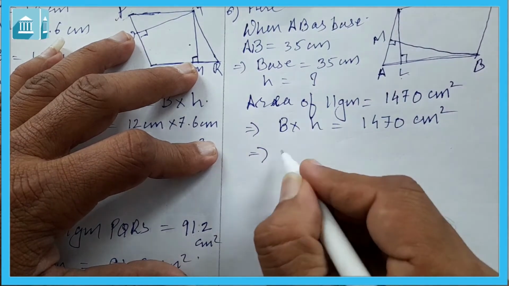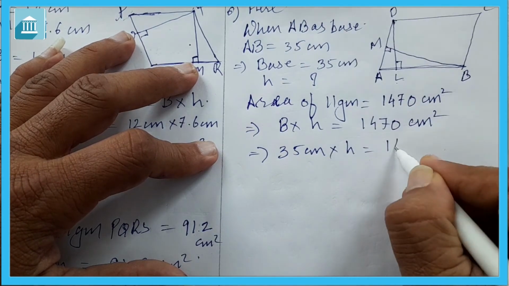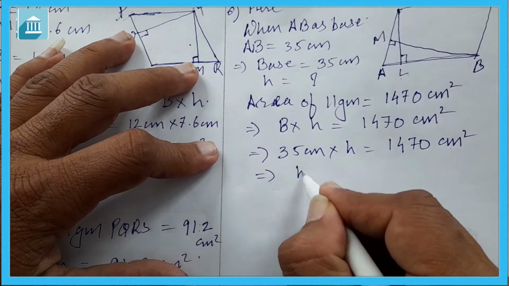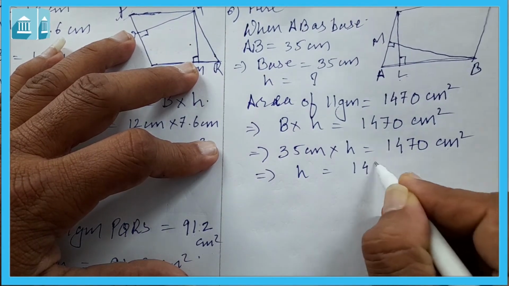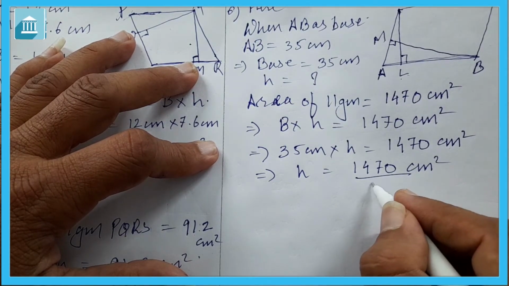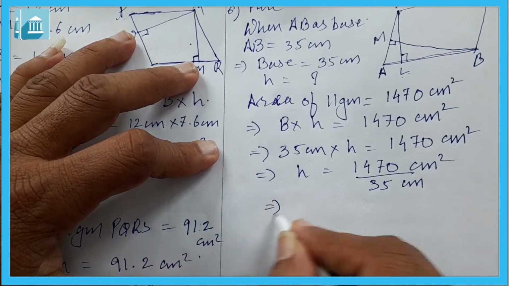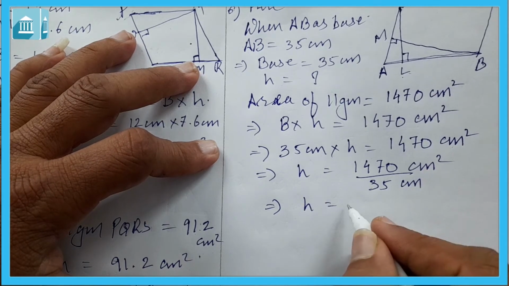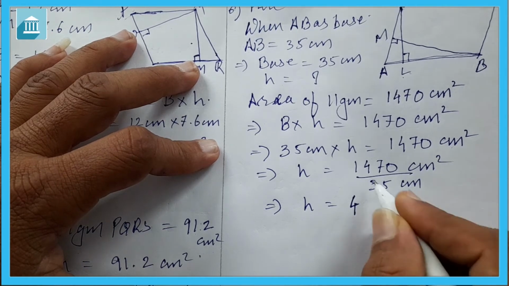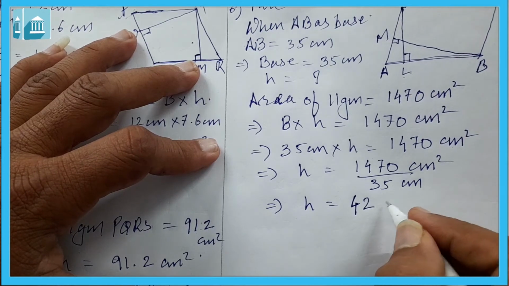Base is 35 centimeter into height is equal to 1470 centimeter square. So height is equal to 1470 centimeter square upon 35 centimeter, which is 42 centimeter.